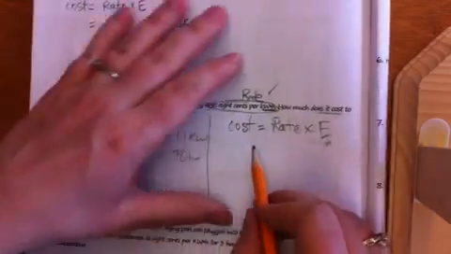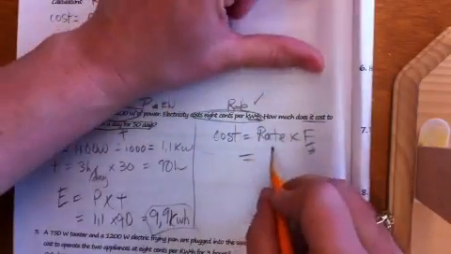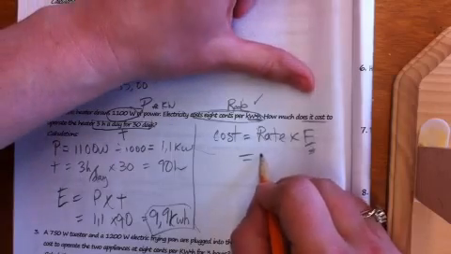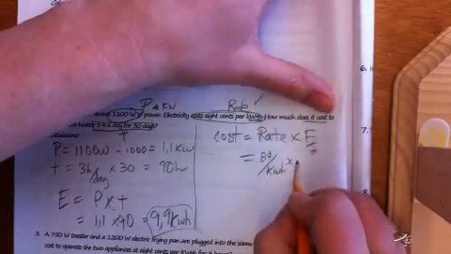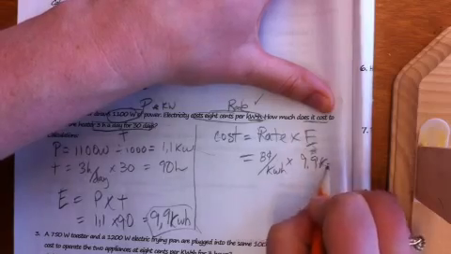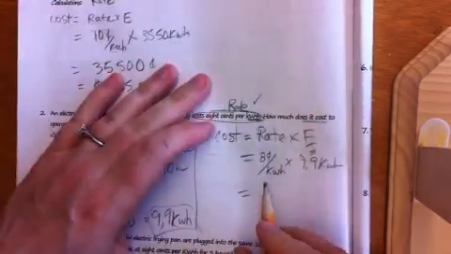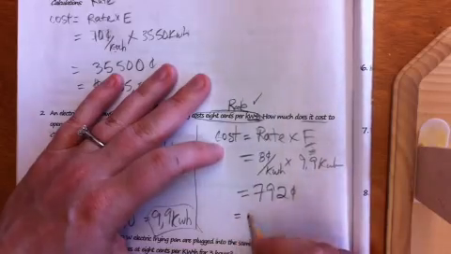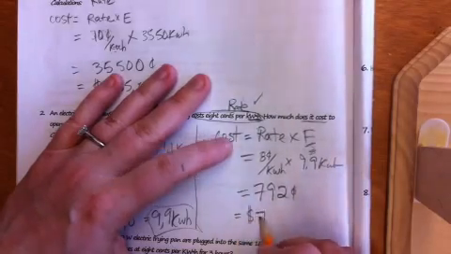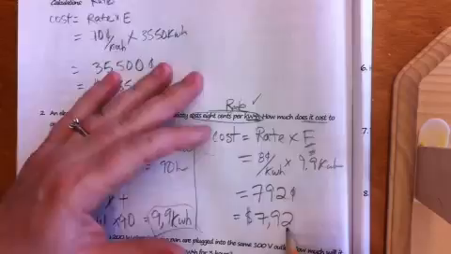So now I have my energy and my rate. I can just go ahead and figure this one out like this. Kilowatt hours times 9.9 kilowatt, and that will give me my cost of 792 cents, or again, if you want to get it in dollars, $7.92.